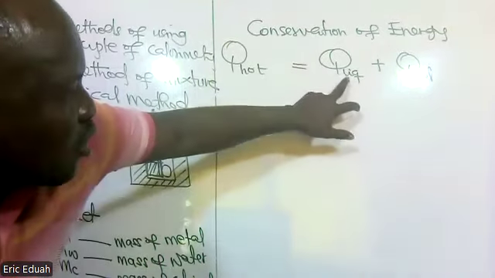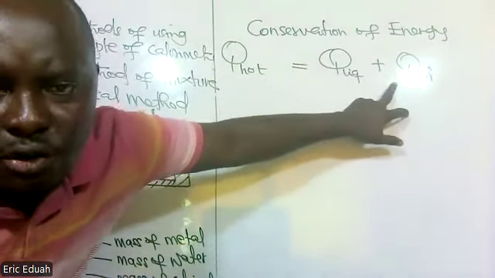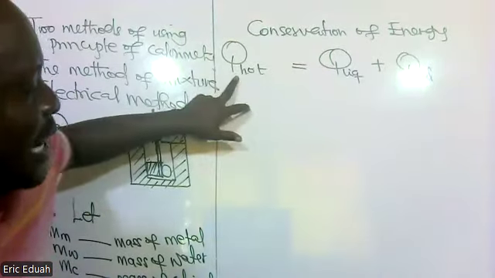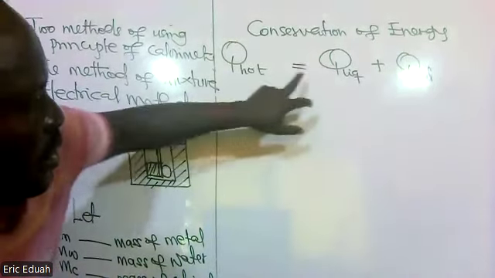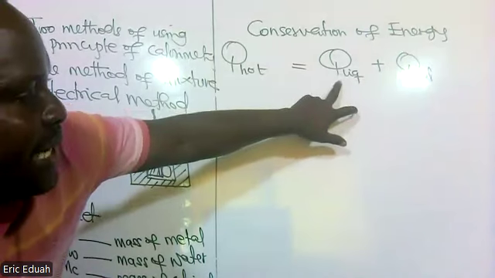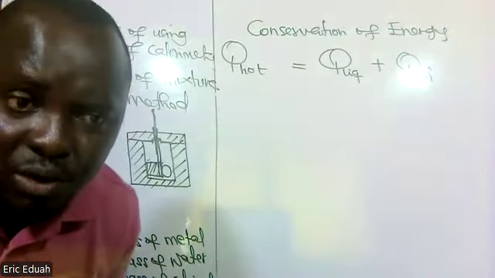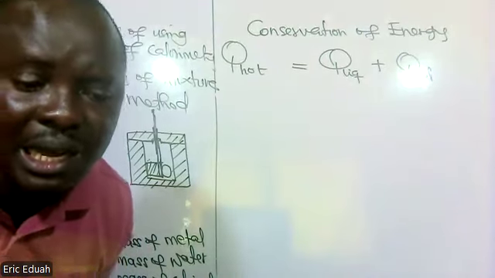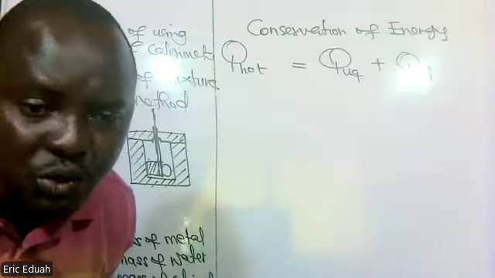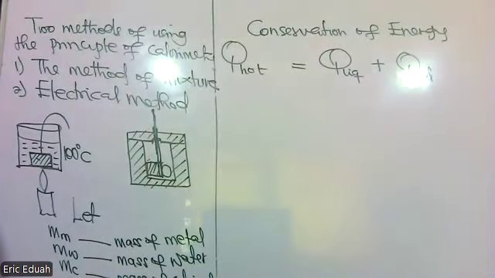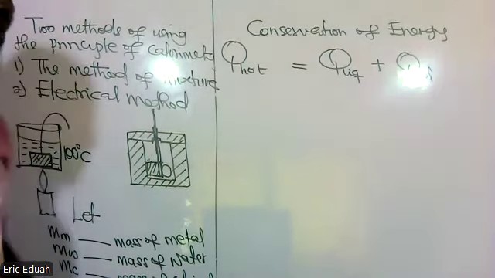And here the unknown liquid is within the calorimeter. So heat loss by the metal will be equal to heat gained by the liquid plus the heat gained by the container. And the container is the calorimeter. Please, is that understood? Class, is it understood? Give me feedback.